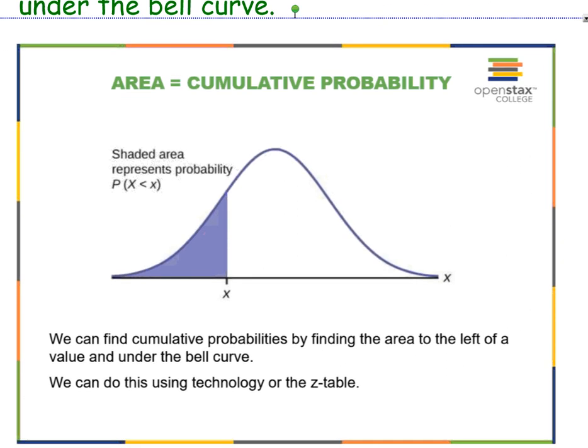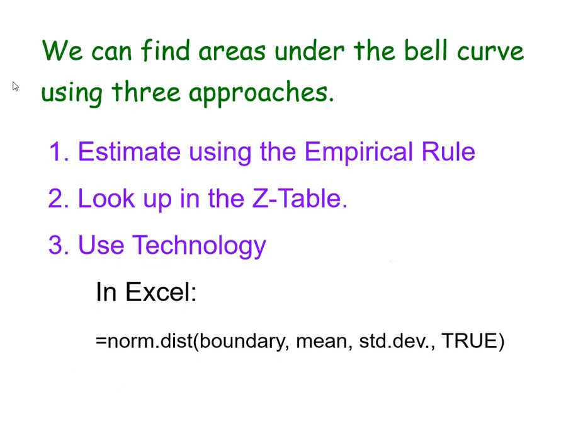All right. So there's 3 things we can do to find areas under the bell curve using these 3 approaches. We'll be estimating using the empirical rule, looking up in the z-table, and using technology. Now in Excel, that is NORM.DIST, where you would plug in the boundary, which is the x value on the horizontal axis, the mean, the standard deviation, and we will always choose true for cumulative.